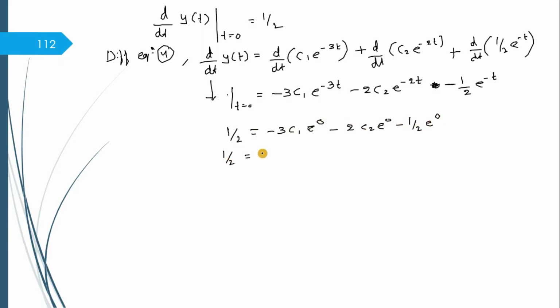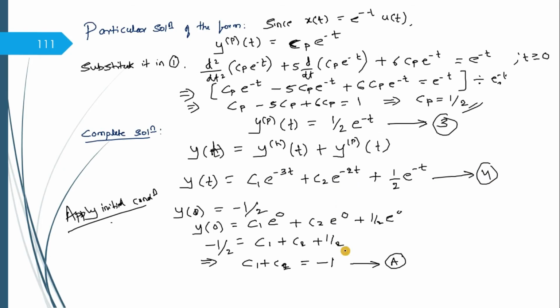So 1 by 2 is equal to minus 3 c1 minus 2 c2 minus 1 by 2. This gives me 3c1 plus 2c2, taking this to the left hand side and that to the right hand side, equal to minus 1. I name it as equation B.